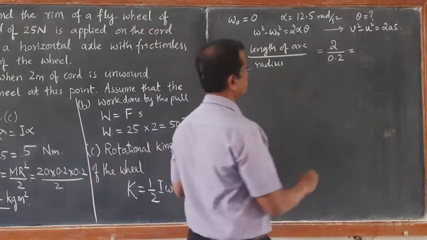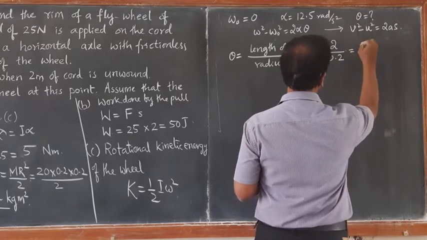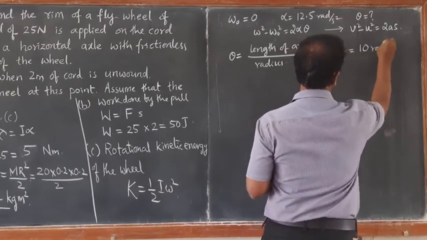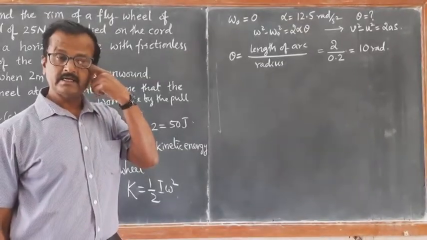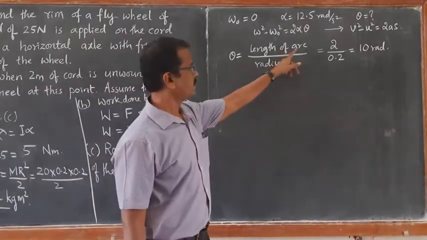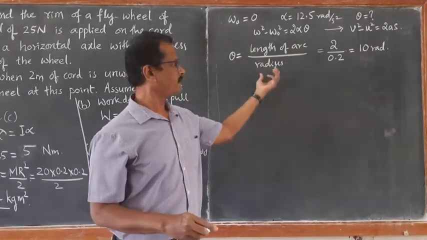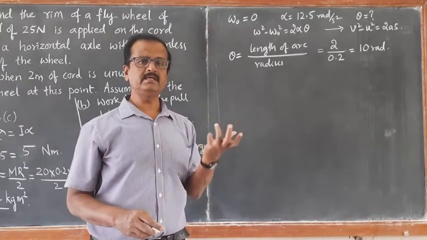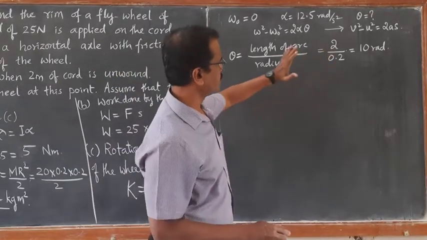If you calculate this, it comes out to be 10 radians. The arc length is 2 meter and the radius of the arc is nothing but the radius of the wheel itself, 0.2. So we get 10 radians.